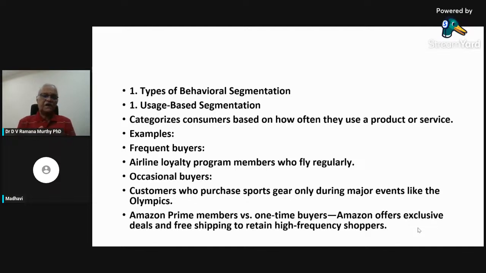How can you know? You segment the customers based on usage. One is frequent usage, second one is occasional usage.